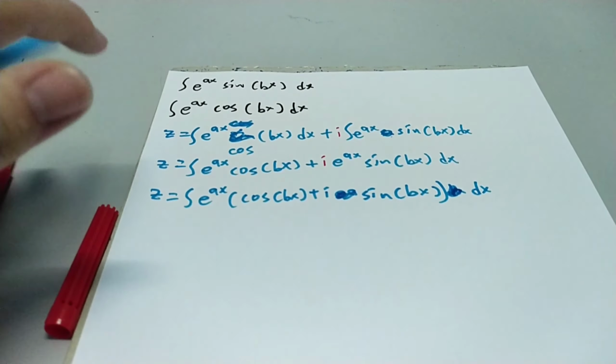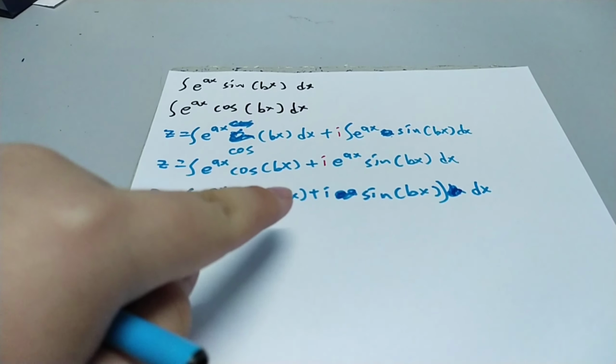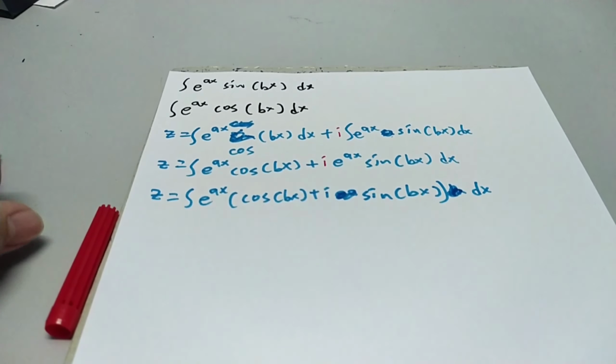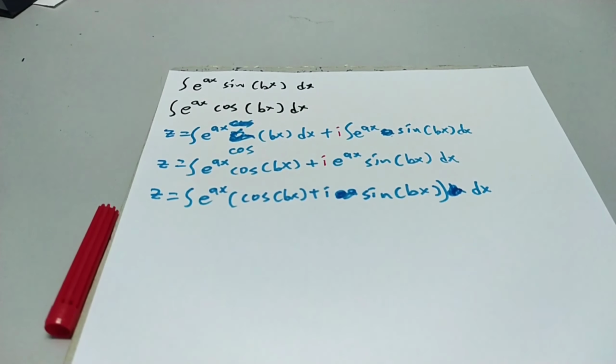And then look at what we have here. We got cosine of bx plus i times sine of bx dx. And remember there is something called Euler's formula.